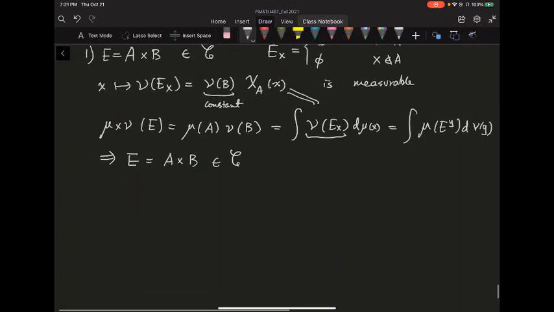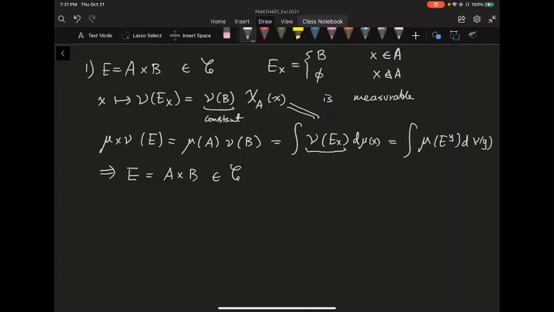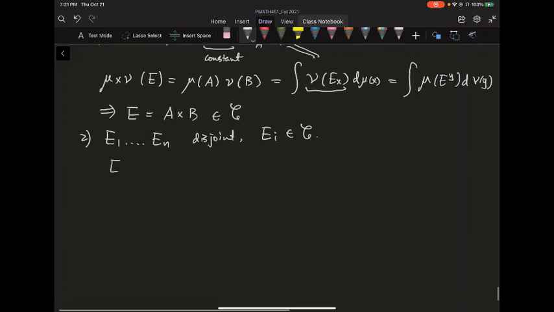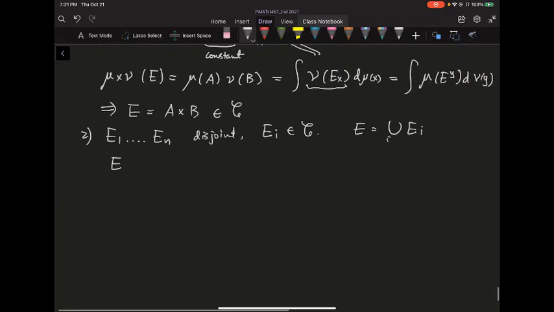All right, so now I want to show that C is closed under finite disjoint union. Suppose I have E1 up to En, finite and disjoint, and each of these Ei is inside C. Because they're disjoint, let E be their disjoint union of these Ei, i going from 1 to n.